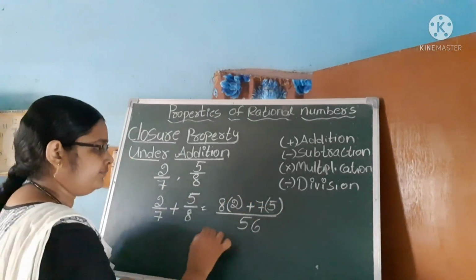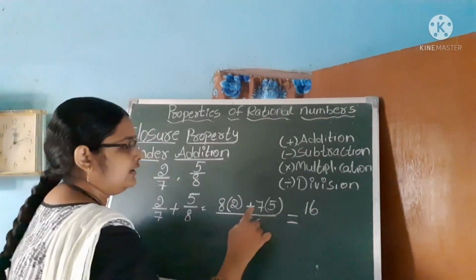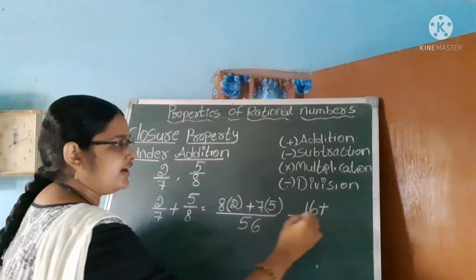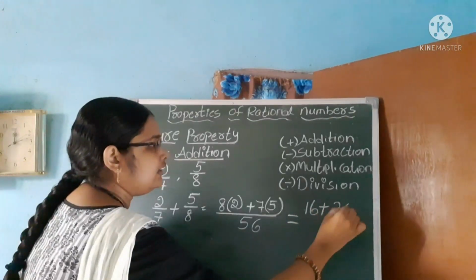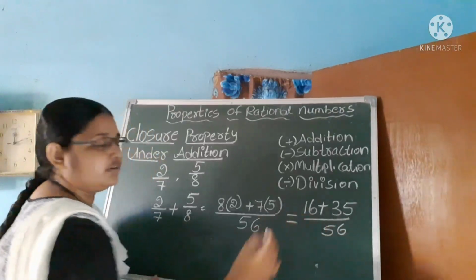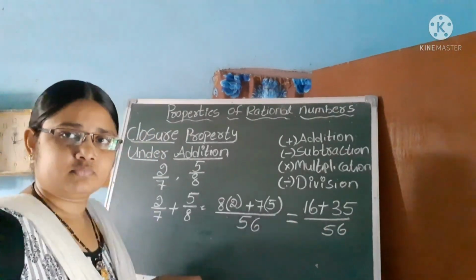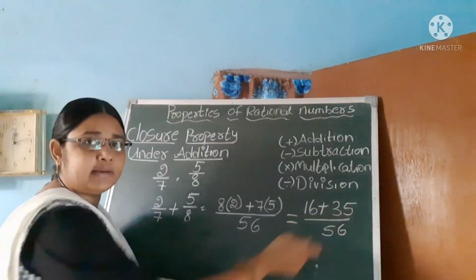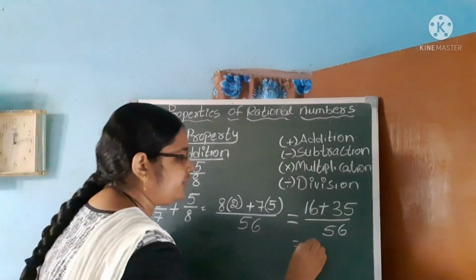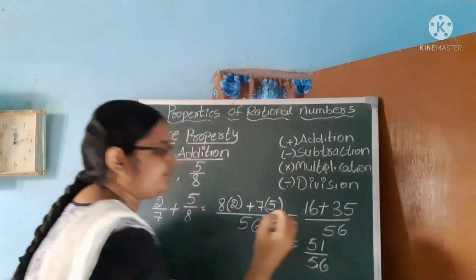Is it clear? 8 twos are 16 plus 7 fives are 35, by 56. Did you understand this step? So what is the value of 16 plus 35? Very good, 51. 51 by 56.